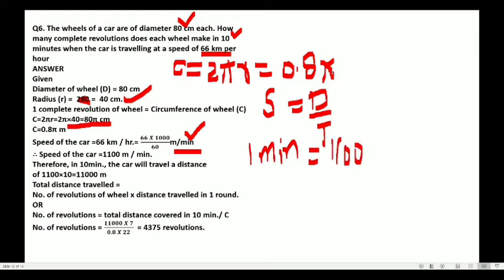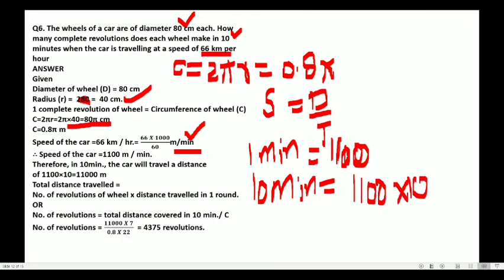So how much is the distance covered in 10 minutes? Because in the question it is given how many revolutions the wheel makes in 10 minutes. In 1 minute the wheel covers 1100 meters, so in 10 minutes the total distance will be 1100 into 10. This is the distance covered in 10 minutes.